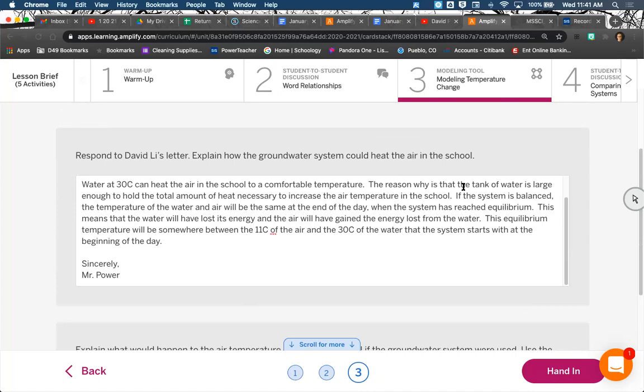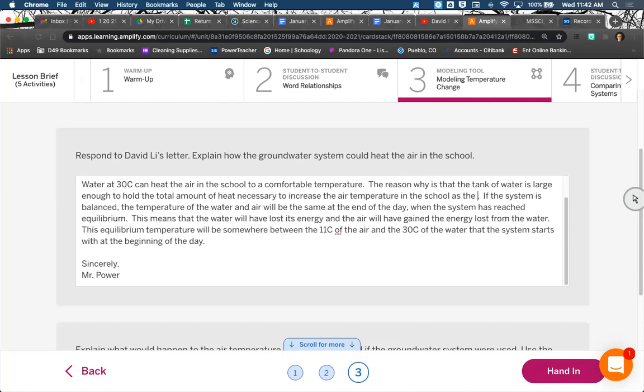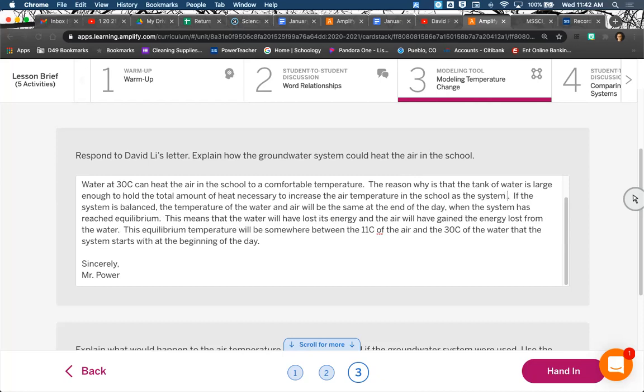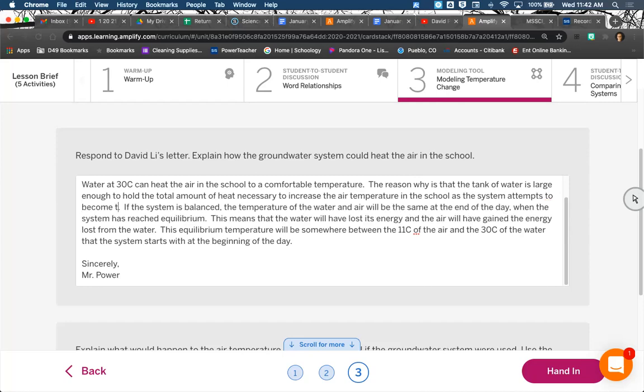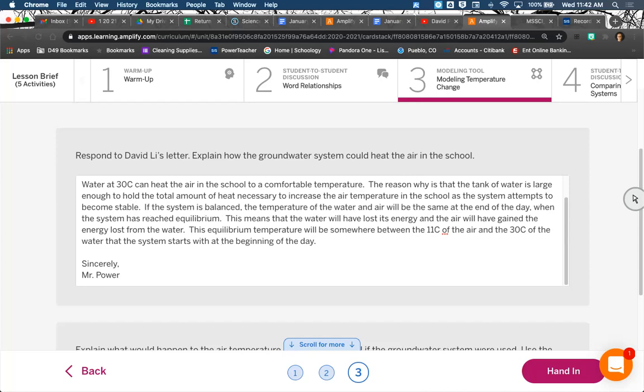This is why the tank of water is large enough to hold the total amount of heat necessary to increase the air temperature in the school as the system attempts to become stable. Okay.